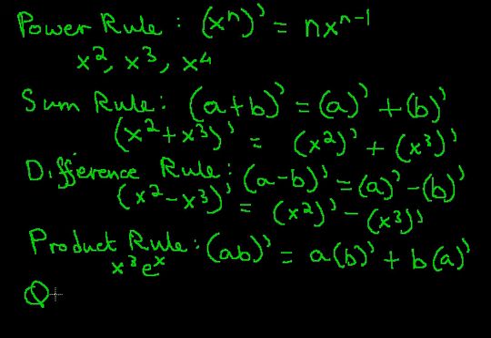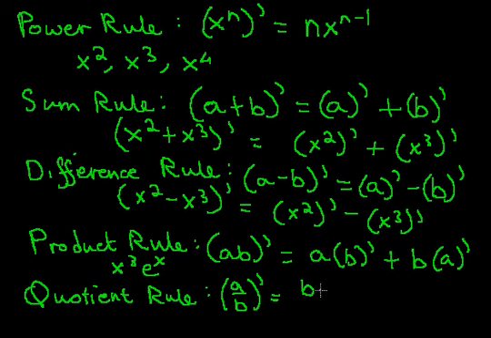And then finally, we had the quotient rule. And the quotient rule said that if you have a over b prime, that is b times a prime minus a times b prime all over b squared.